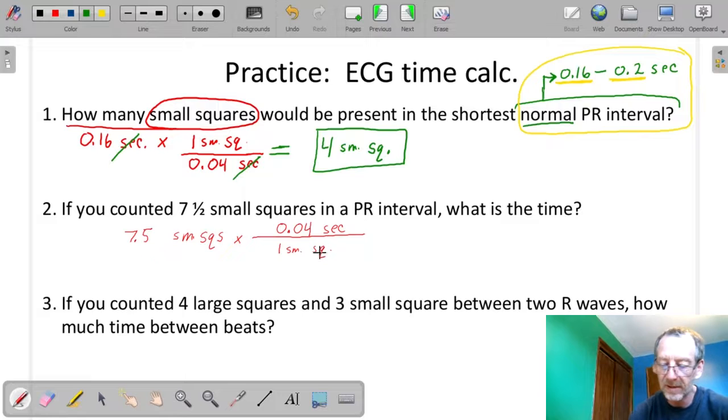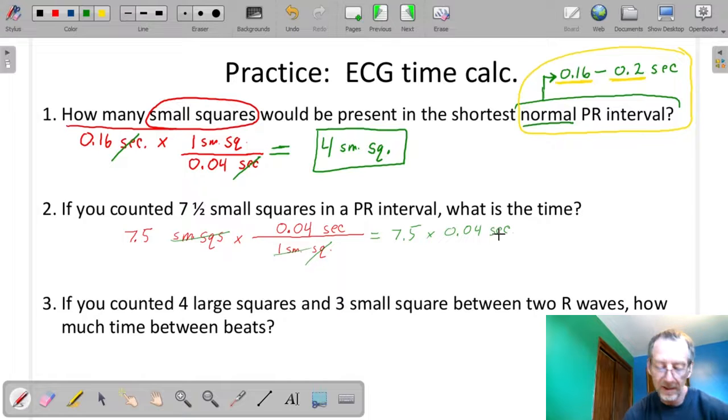And then we can cancel out the small squares, and we're left with 7.5 times 0.04 seconds.